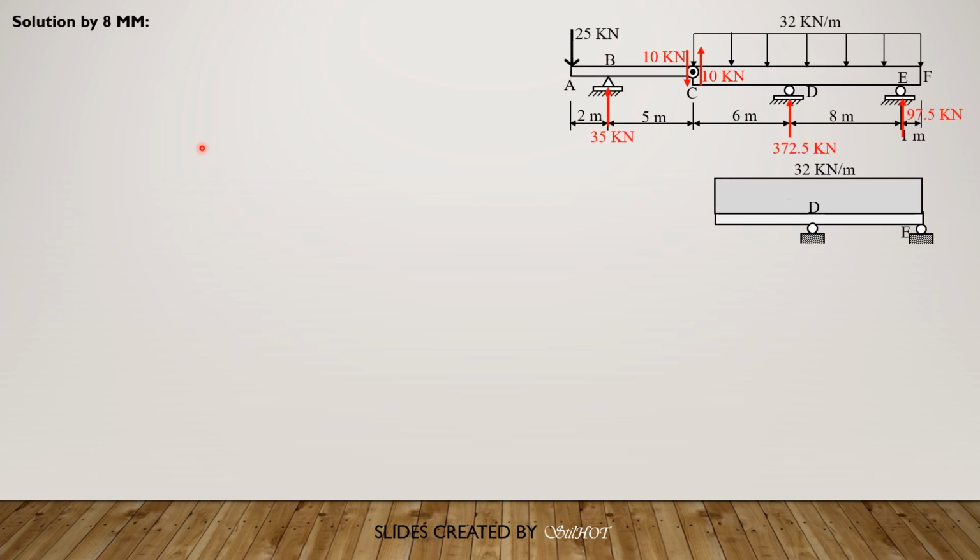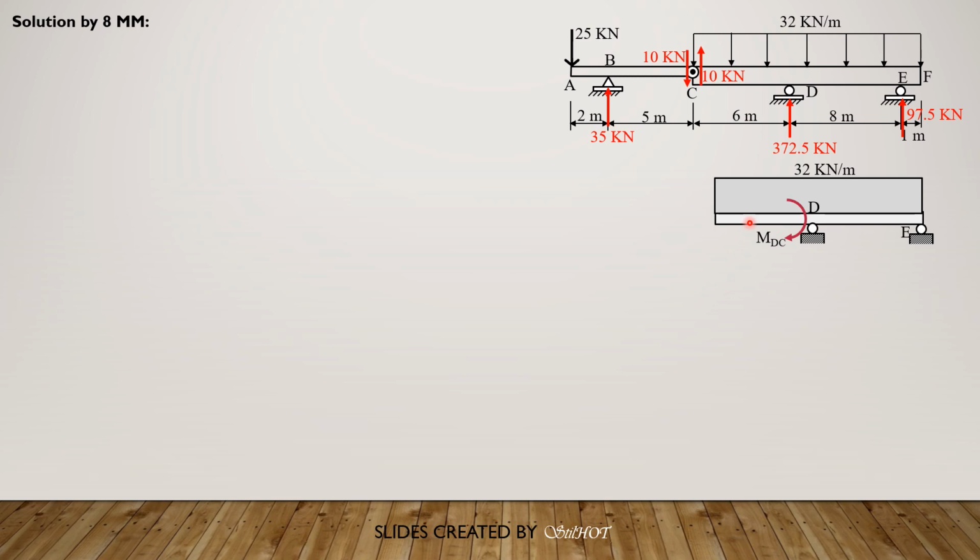Next, the method is by matrix method. So the reactions are already shown. Then let's compute MDC as if this is an overhang, because the moment at C is 0.